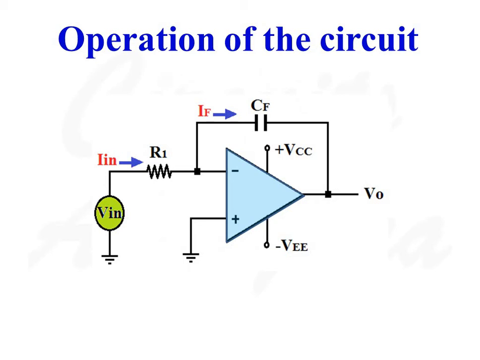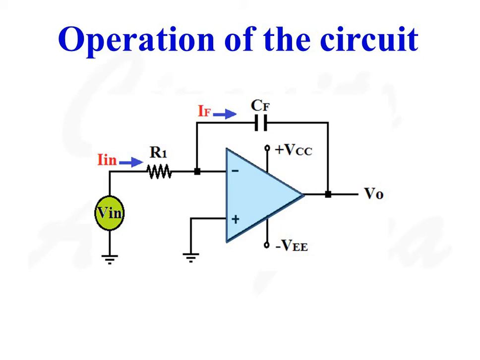Now let us discuss the operation of the circuit. For DC signals, capacitive reactance XCf is equal to 1 by 2 pi f C, and f is equal to 0. So for DC signals, capacitive reactance is equal to infinity. As capacitive reactance is equal to infinity, the circuit behaves as an open circuit.